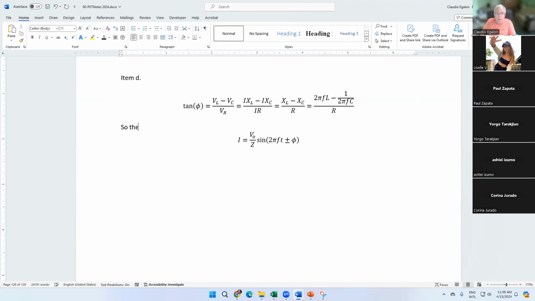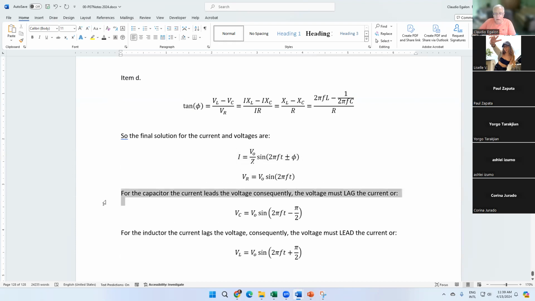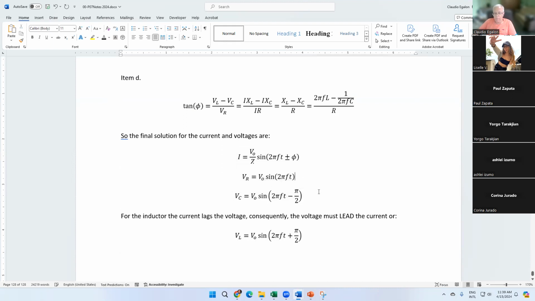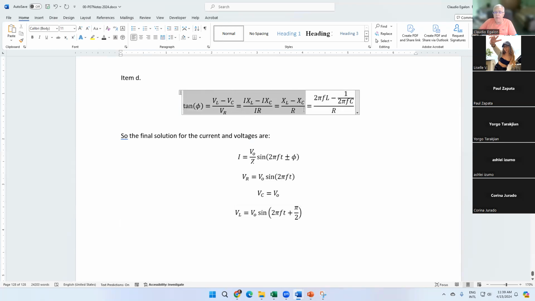So the final solution for the current and voltages. The voltage across the capacitor lags by 90 degrees. The voltage across the inductor leads by 90 degrees, but it leads with respect to the voltage in the resistor. And the phi angle is given by that.